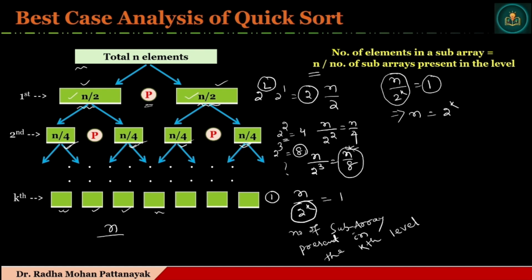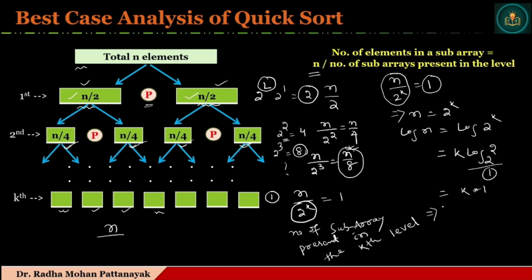Put log on both sides. If you put log on both sides, log n equals log 2 to the power k, right? Then solve it, that equals k log 2 base 2, and you know that log 2 base 2 equals 1. So we can write k into 1. Clear?